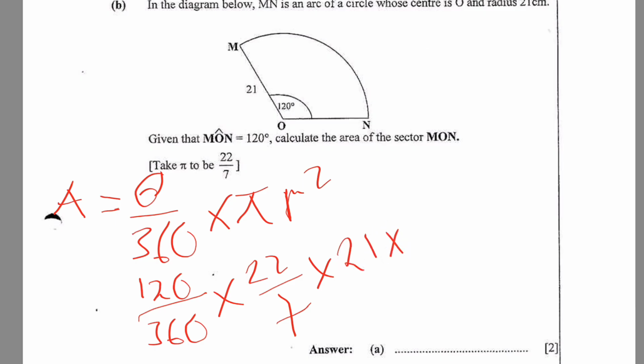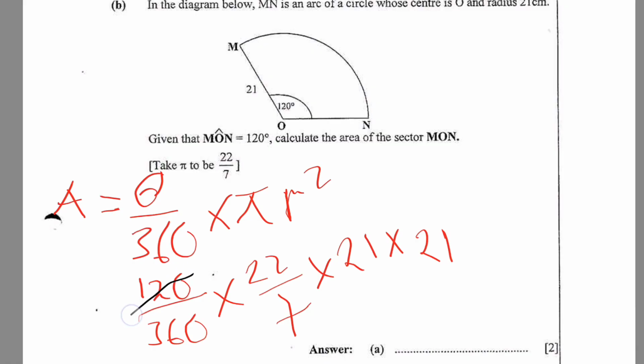Why write 21 times 21 and not 21 squared? Because this is paper 1. We're not using a calculator, so you need to make it simple. That's the rule of mathematics paper 1. Make it as easy as possible so that you don't struggle with big numbers. Are we together? Okay, let's now proceed.